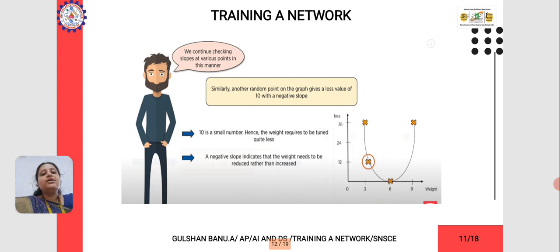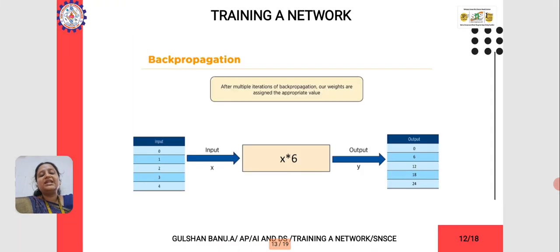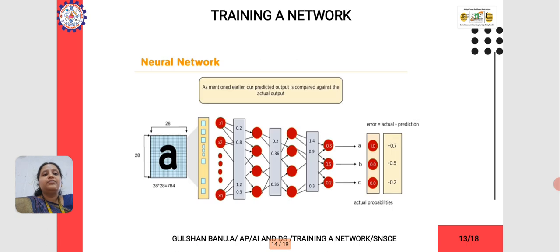In this format you will be taking the positive value. Here you have an input layer and an output layer, and the W value is 6. You multiply with the W value and get different output values. From this you can draw a slope again and predict the value. This is the neural network process in which you evaluate.